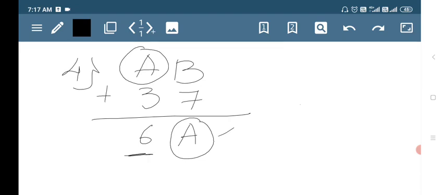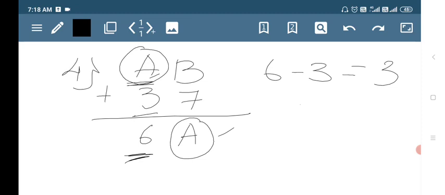And this number must be the same. Already we have 6 here, we have 3 here, right? 6 minus 3 is equal to 3. So, the possible value of A could be 3 or even 2, because we will be getting a carry over there, right?